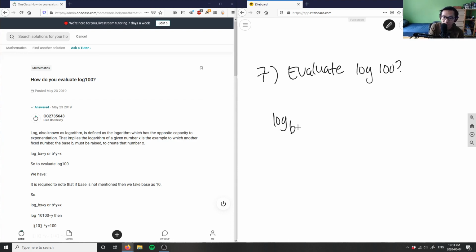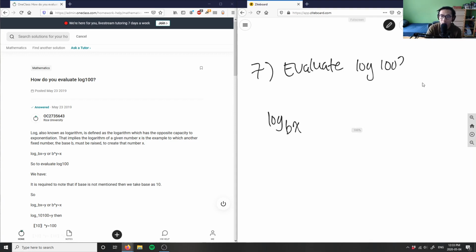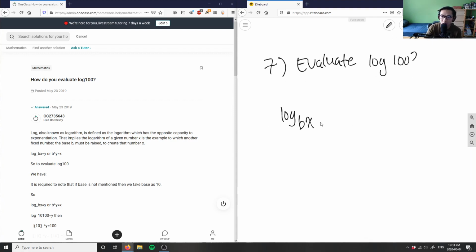log base b of x equals y. And when we do this, we can move log to the other side, right?